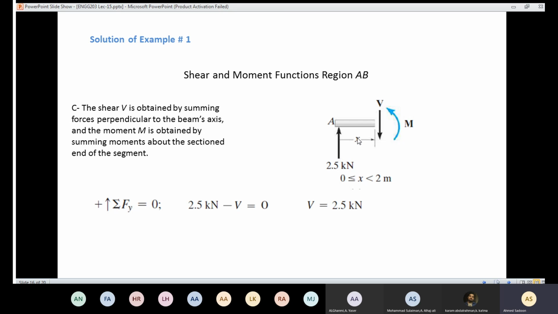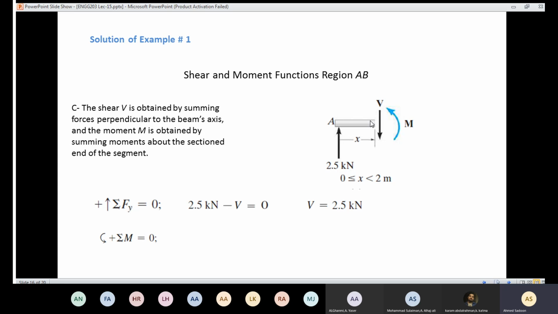You can see here, even though we cut at a distance x, the formula is constant, which means that in that region, the value of the shear is going to be constant, which is 2.5 kilonewtons. Then, in order to know the value of the moment, we are going to take moments at the end of the section.